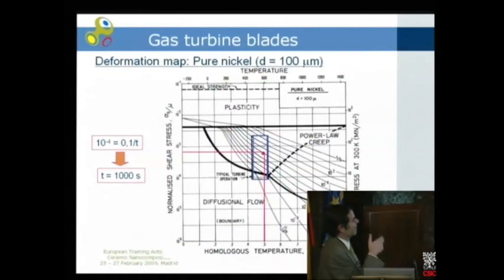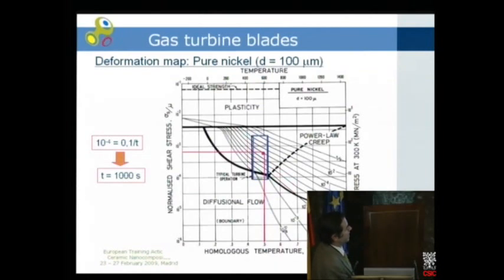But in general, to simplify, let's take these parameters: the stress over the elastic modulus will be 7 × 10^-4, and the temperature over the melting temperature will be 0.5.